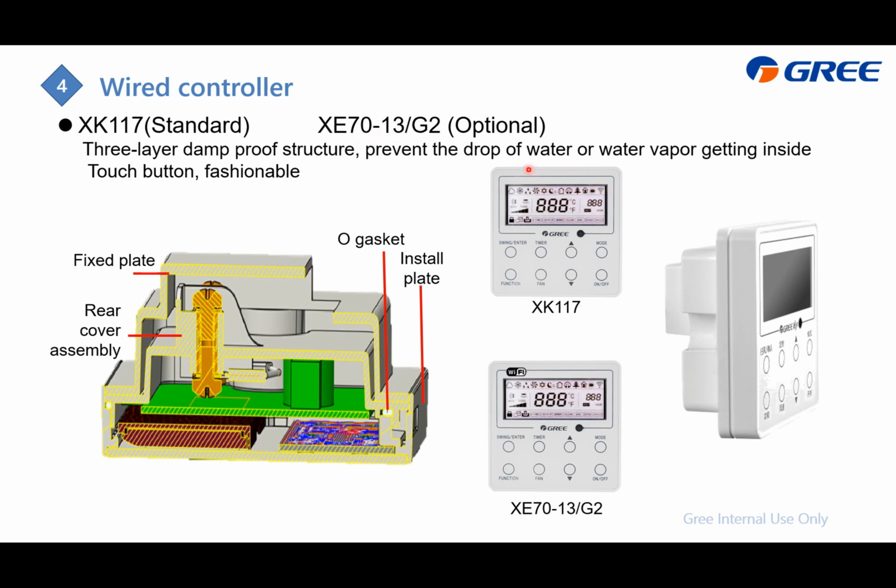The appearance is similar, just the Wi-Fi controller has this Wi-Fi mark on the surface. As for the size and structure, it is the same. And this is the 3-layer damp-proof structure to prevent drops of water or water vapor getting inside and leading to damage.